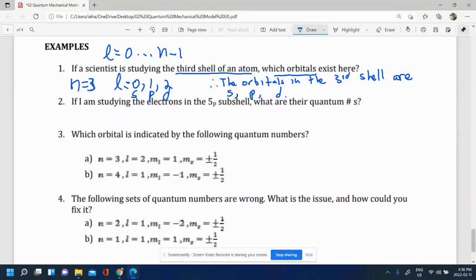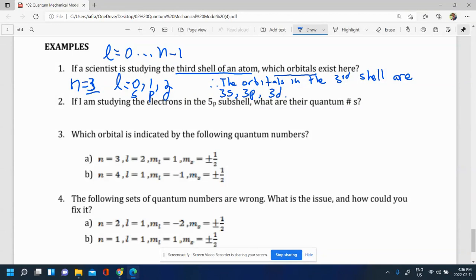I'm going to specifically say they are 3S, 3P, and 3D. The 3 will indicate that they are the orbitals S, P, and D in energy level 3. Because don't forget, you could also have these in energy level 4, and they'd be 4S, 4P, and 4D. So I'm just being more specific there.